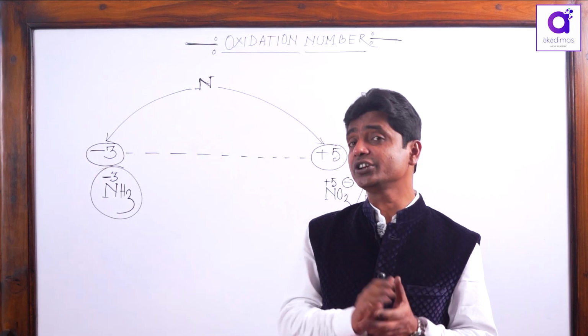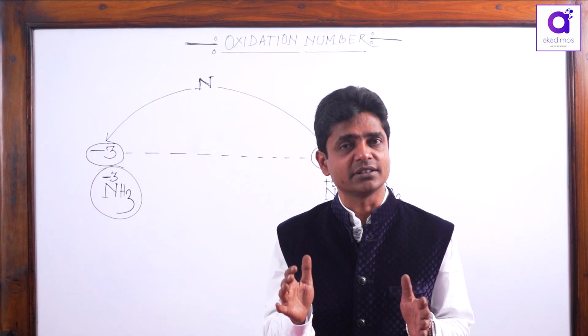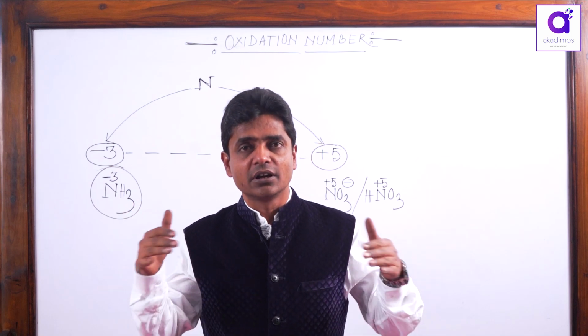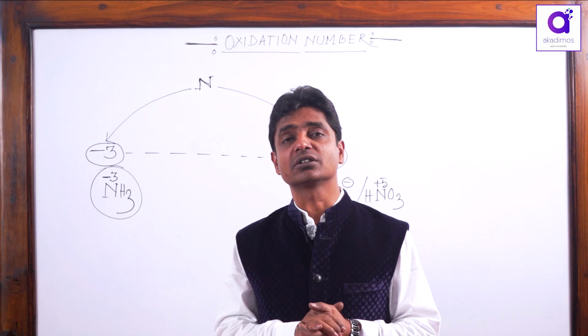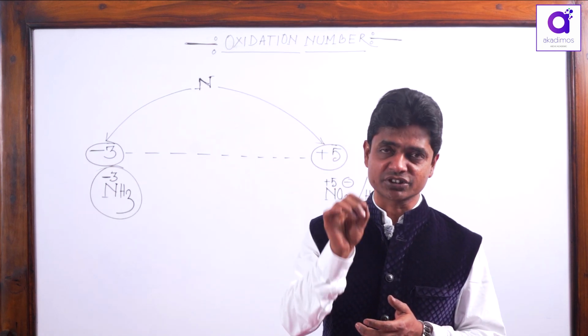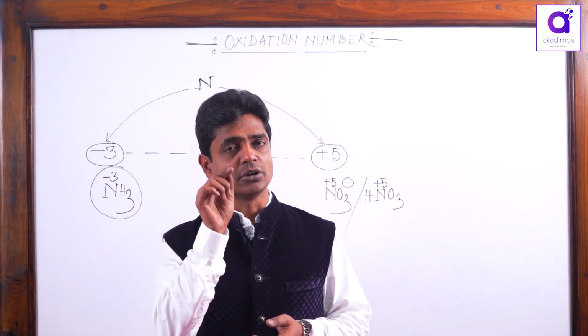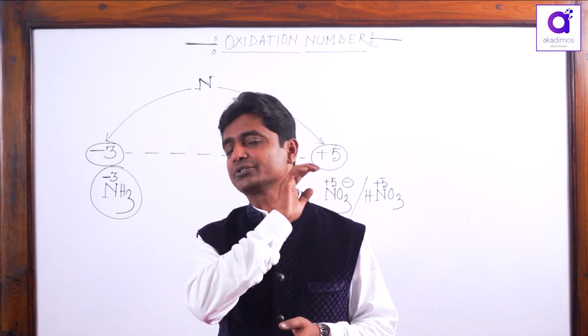Another, if ammonia participates in a redox reaction, that is part of today's class, and you will get the idea from the oxidation number. If ammonia participates in a redox reaction, you know minus 3 is the least oxidation number of nitrogen.